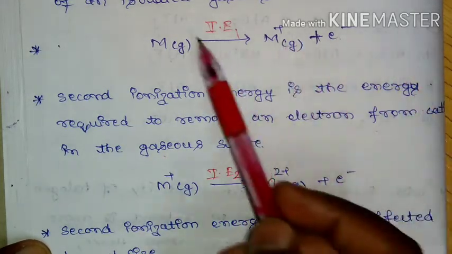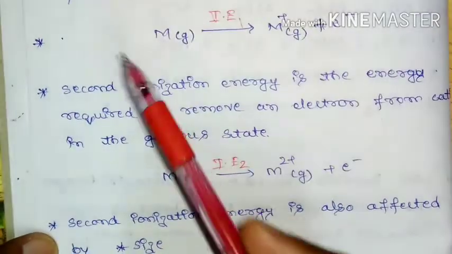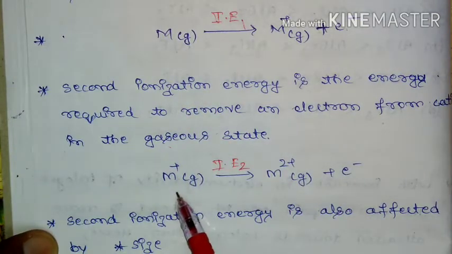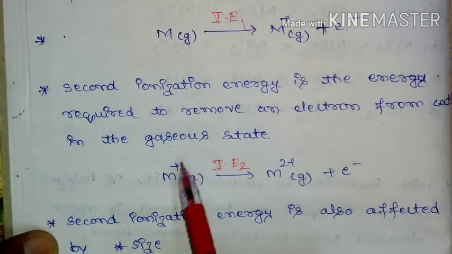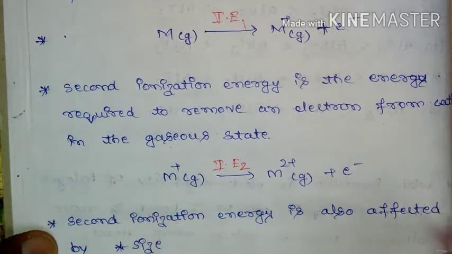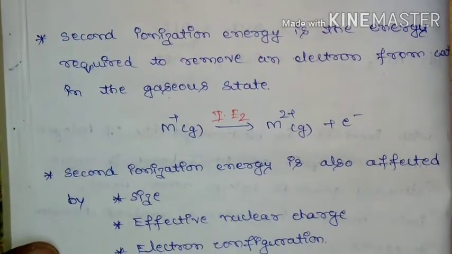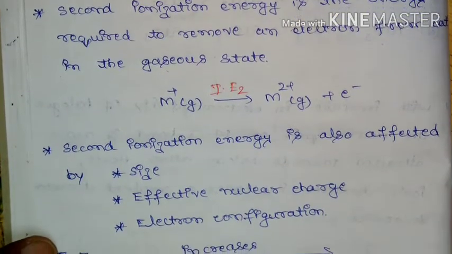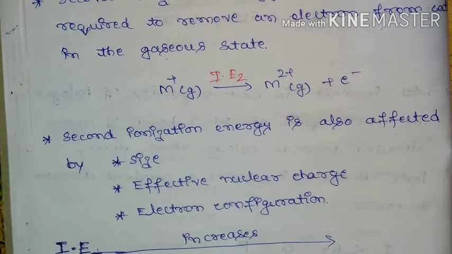Already one electron has been removed. This is a neutral gaseous isolated atom. Now what we are doing is removing an electron from a cation which is in the gaseous state. This second ionization energy is also affected by size, effective nuclear charge, and electron configuration.